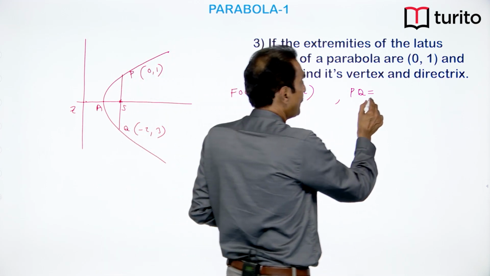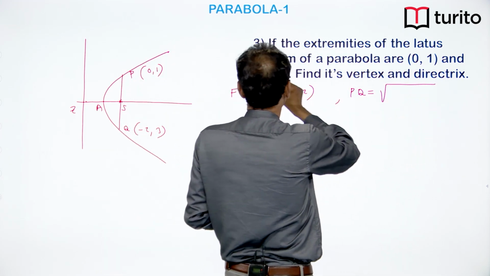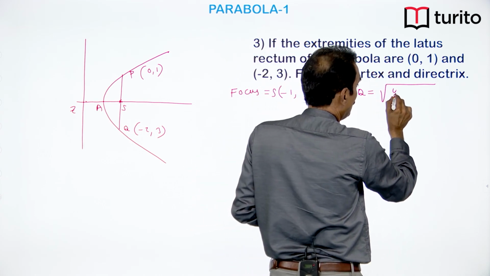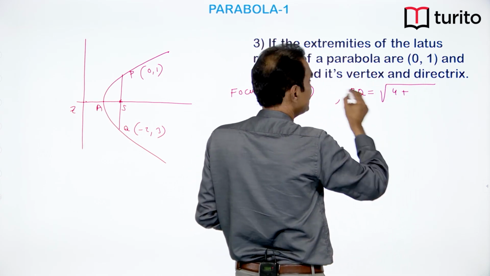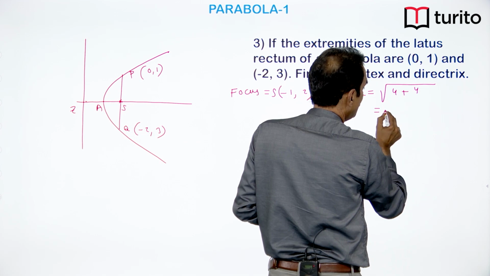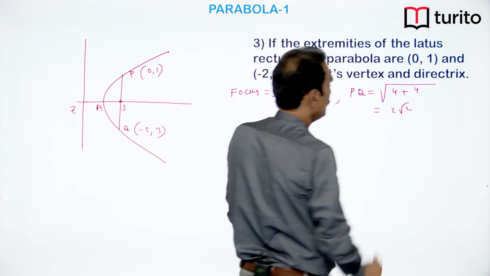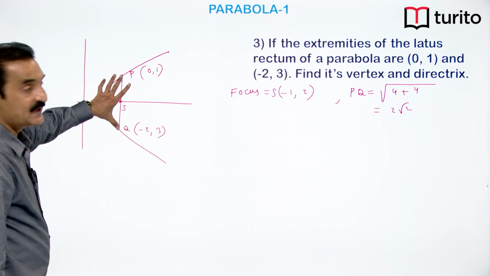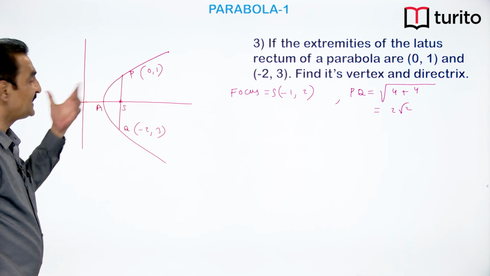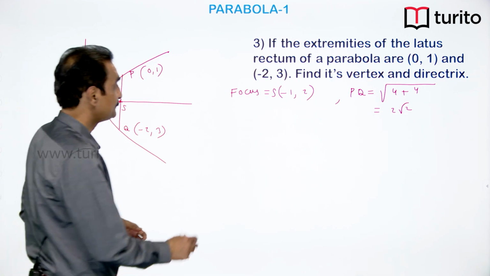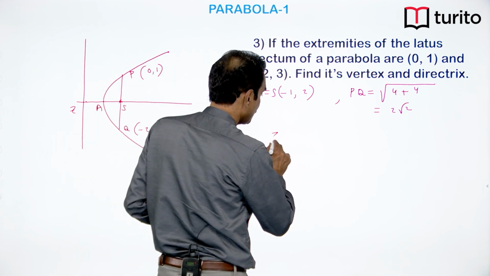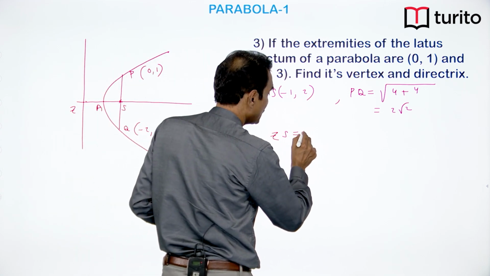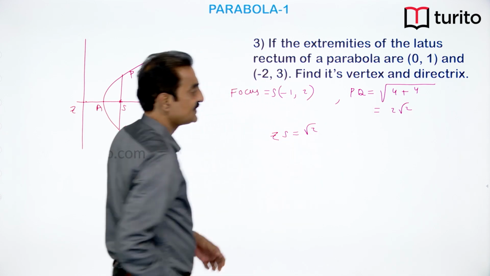Root over (0 + 2) whole square, 4, plus (1 - 3) whole square, 4. Root 8 is 2 root 2. If the total length is 2 root 2, then ZS will be half of the latus rectum, root 2.